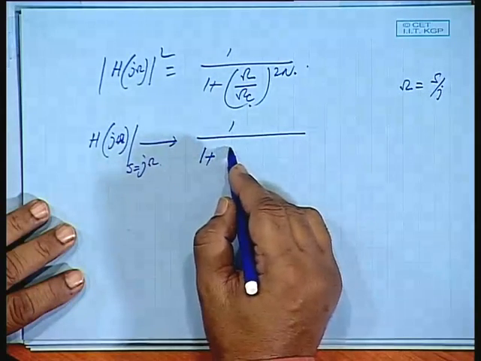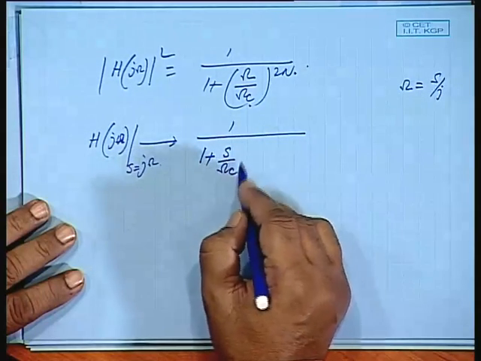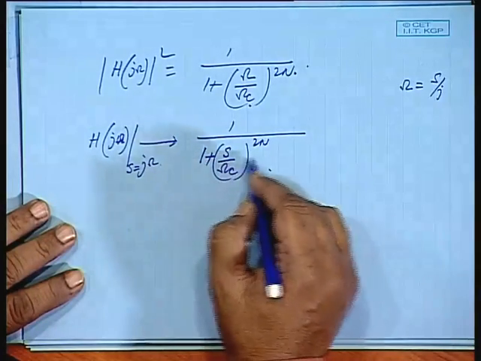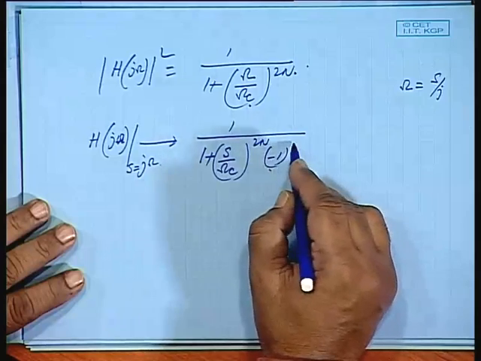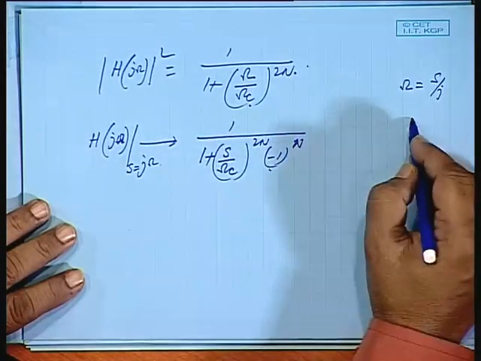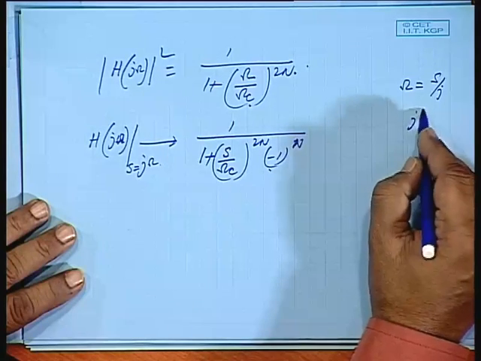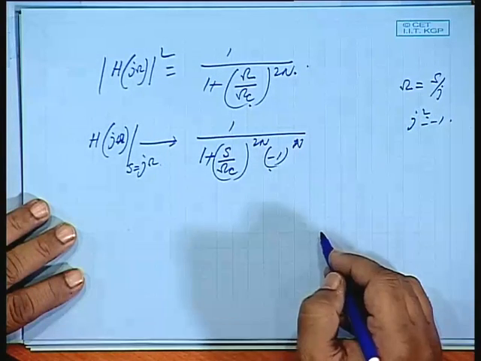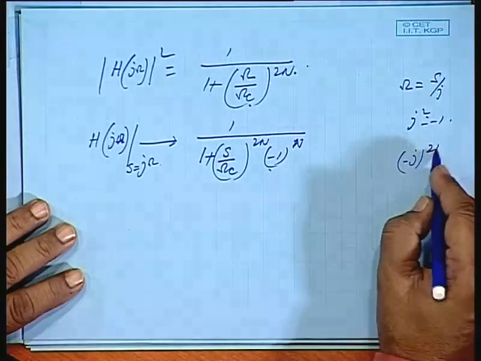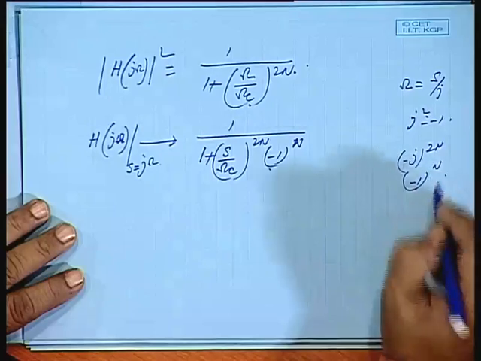I had mentioned it earlier. So you get a function of s, with minus 1 to the power 2n, since j squared equals minus 1. So it is j to the power 2n, which is minus 1 to the power n.